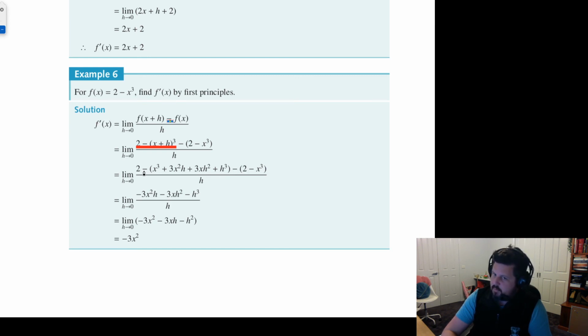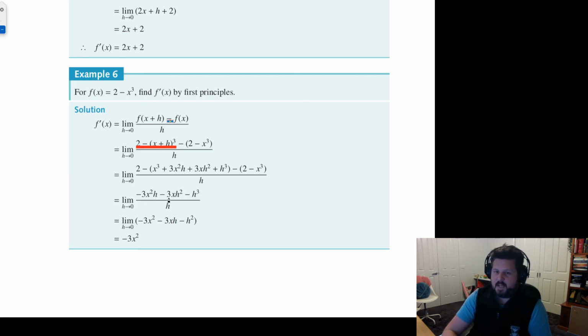Multiplying through this negative 1, that would become negative x cubed, negative 3x squared h, and so forth. Once you've expanded all that out, got rid of the brackets and simplified, you'll end up with negative 3x squared h, take away 3x h squared, take away h cubed, over h.